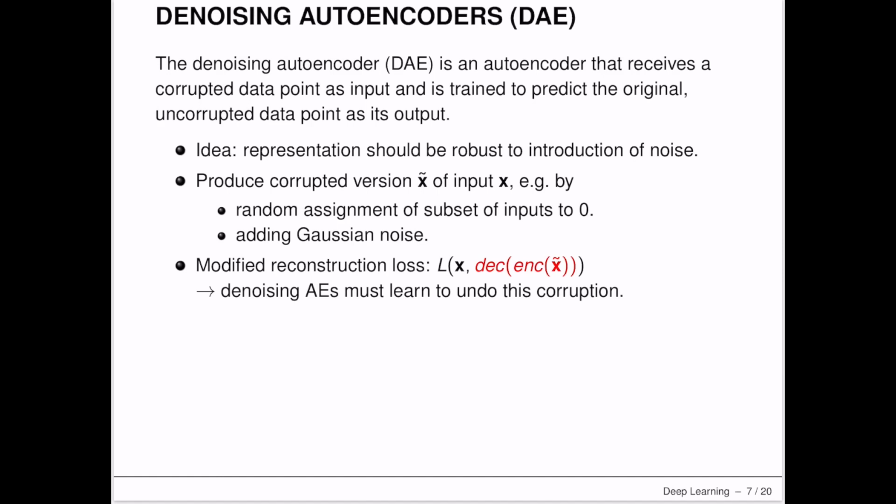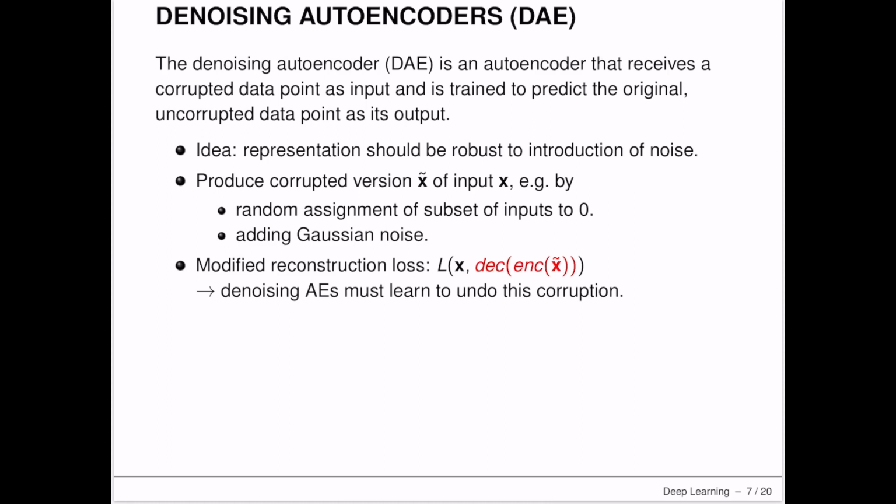The procedure would be the following. We produce a noisy or corrupted version x tilde of x. We could do this by randomly assigning some of the inputs to 0, so we just switch some of the inputs off. Or we could add Gaussian noise: draw small numbers from a Gaussian with a small variance and add them to our input. This also modifies the loss that we use.